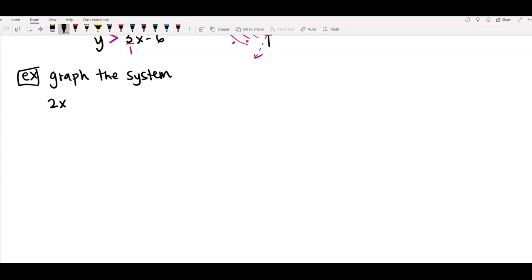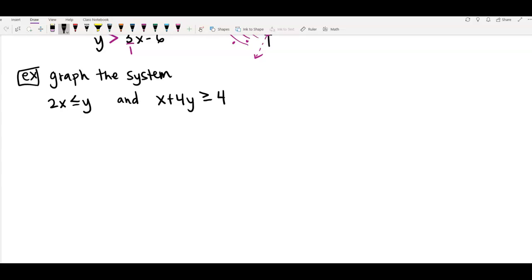If I have 2x is less than or equal to y, and then my other one is x plus 4y, actually, I'm going to write it next to each other. So x plus 4y is greater than or equal to 4.